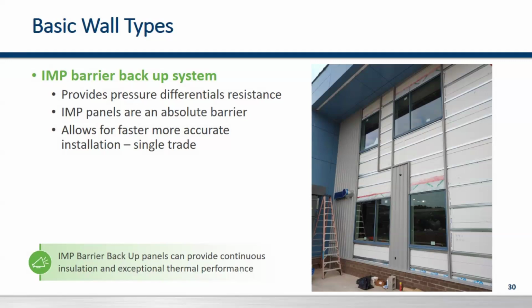Because the insulated metal panels go up at a fast speed, up to about 5,000 square feet of panels per day, it will allow the building to dry in much faster. Also, because there's not multiple components, it does allow for a single trade, which makes job site performance and organizing much simpler.